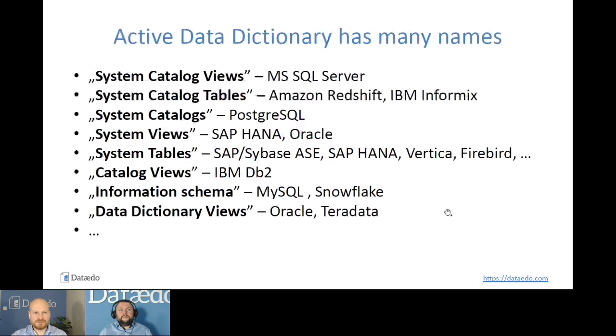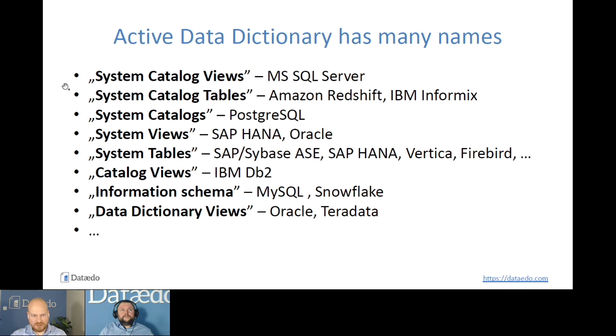Okay, let's move on. If you're working with databases, if you're running any queries, you've probably heard of the data dictionary under very different names. Every vendor has their own names for the same actual idea, the active data dictionary.